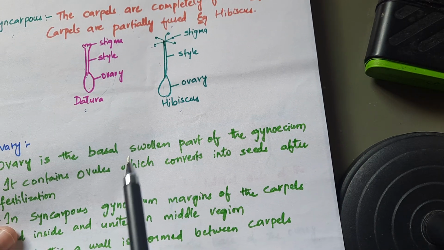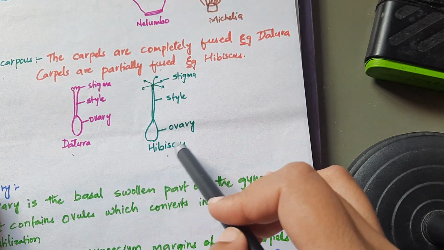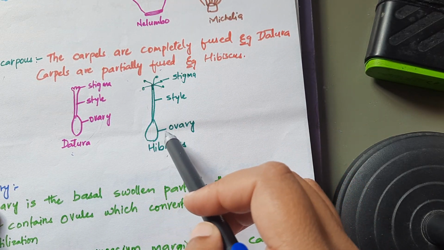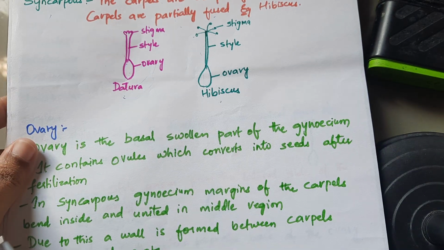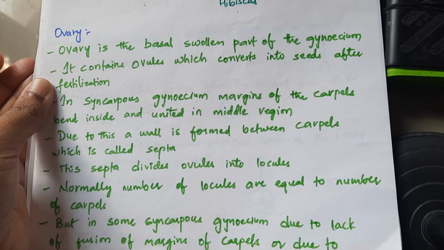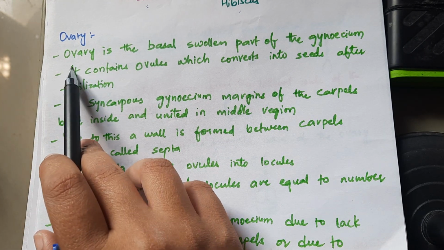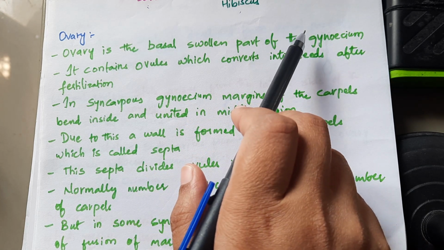Then coming to this part. Till now we have discussed the complete gynoecium or carpels. Now we'll go for the individual, detailed discussion of the ovary. The ovary is the basal swollen part of the gynoecium, which we have just seen.